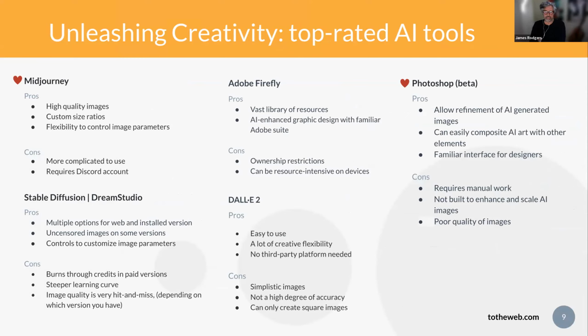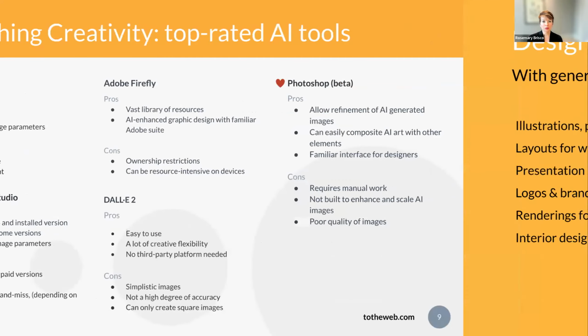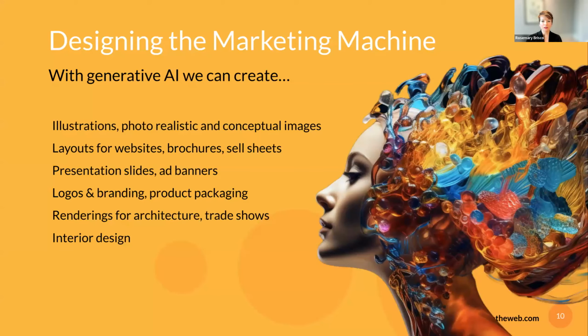And then we also looked at DALL-E 2, and if we have time, I'm going to do a little demo in Photoshop beta, which has some really cool AI stuff in it now, for what's called inpainting or outpainting, where you can extend a photograph or change things inside of a photograph. And if we get time at the end, we're also going to talk about the copyright ownership issues relating to these different platforms.